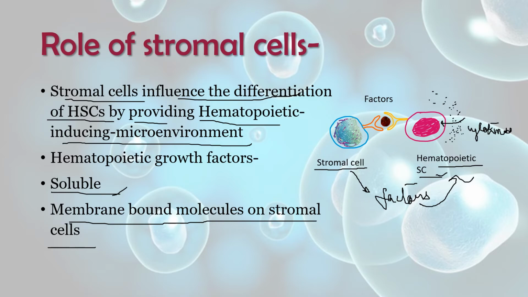So suppose these are the membrane bound factors. The membrane bound factor communicates or gives a signal to the hematopoietic stem cells, which ultimately leads to the stimulation of the hematopoietic stem cells to get differentiated. So it acts as a stimulation.